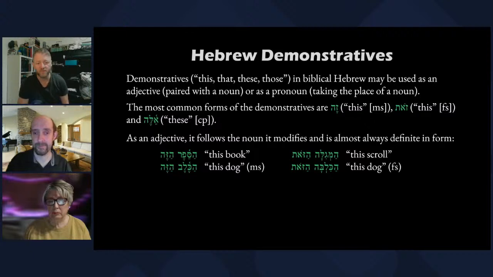So just like we say ha-sefer hazeh, this book, we say for feminine, hamgilah hazot, this scroll, because scroll, megillah, is feminine. It's a scroll, which is also a book in Hebrew. This dog, for masculine dog, is hakelev hazeh. And the female dog, which is kalba, we're going to say ha-kalba hazot.